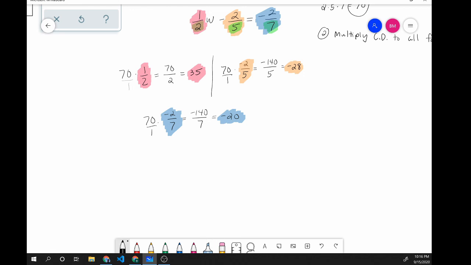So we're going to take our equation again. 1/2 W minus 2/5 equals negative 2/7. And you can balance out your equation however you want to. If we're going to multiply by something on one side, so I'll do 70, I have to do it to the other side. This equation has not changed.